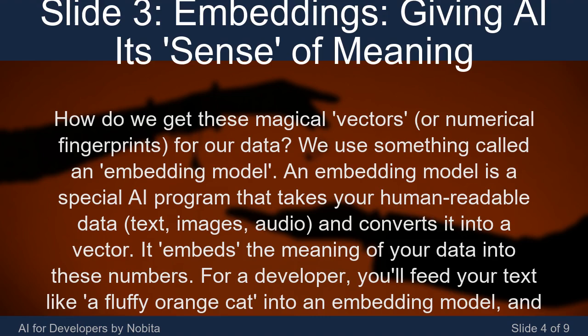It embeds the meaning of your data into these numbers. For a developer, you'll feed your text, like a fluffy orange cat, into an embedding model, and it will spit out a long list of numbers. Your vector. This vector is what we then store in our vector database.